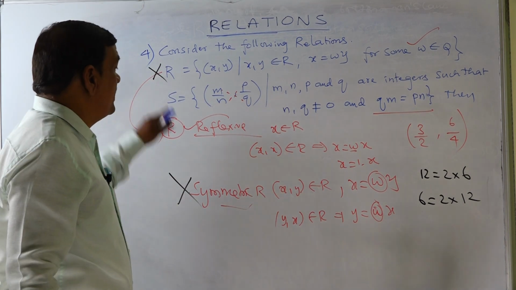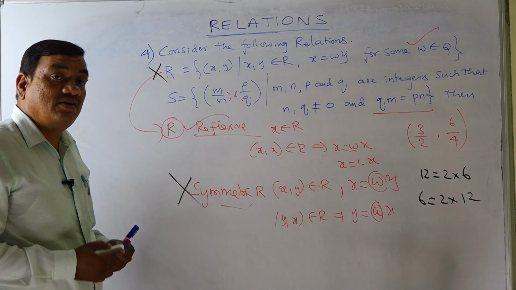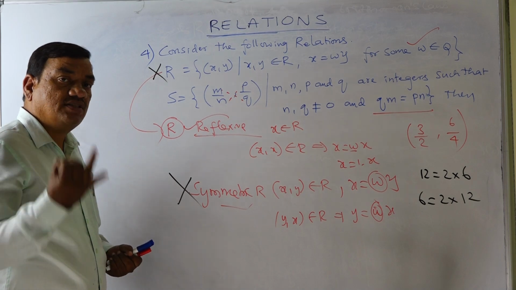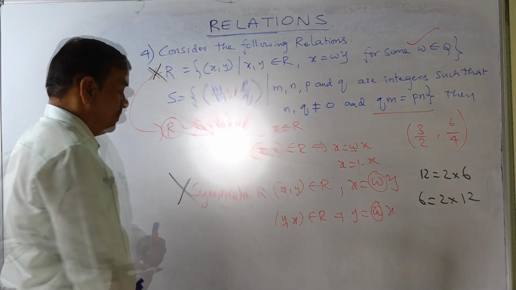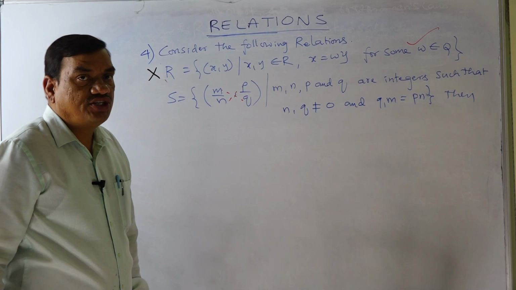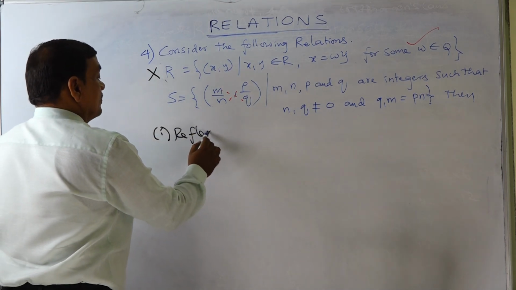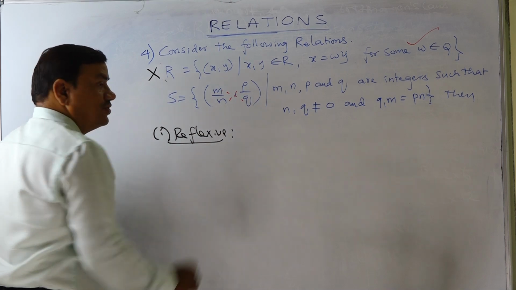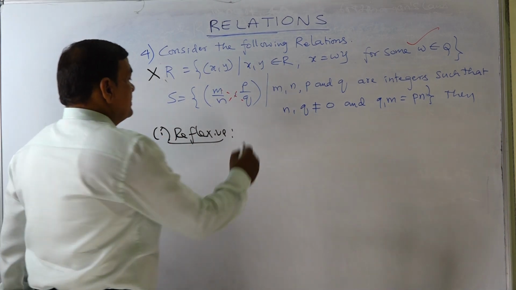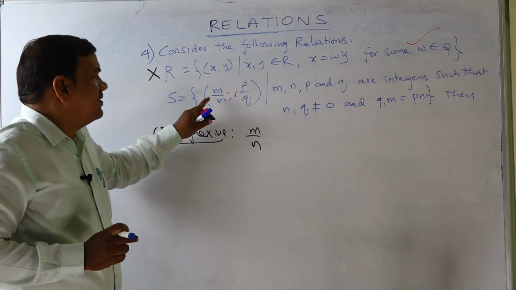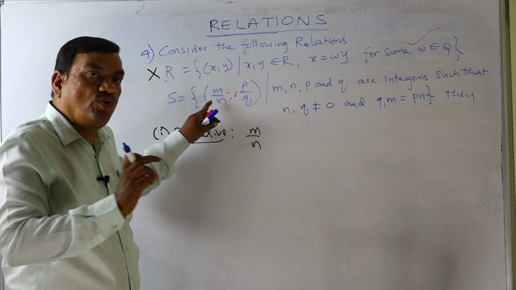Now let us check whether S is an equivalence relation or not. First we will check for reflexive, symmetric, transitive. First one is reflexive. Reflexive relation means what? Here m by n, p by q, both are fractions.